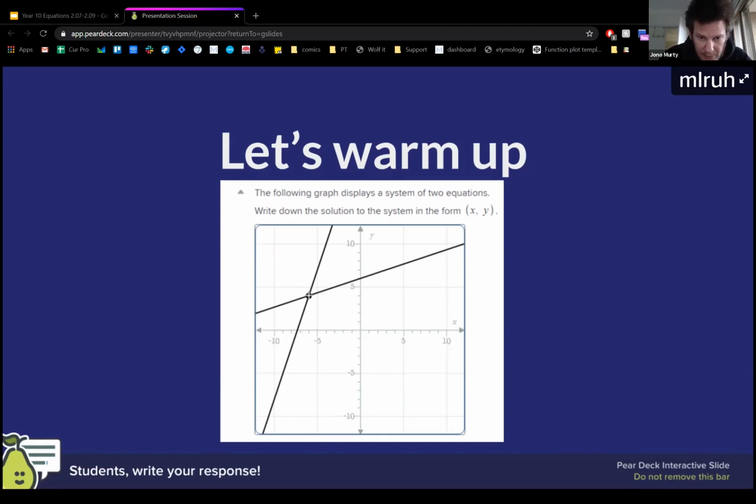So obviously, if we connect some lines, we can clearly see where it meets up. We have an x value here of x equals -6, and a y value here of y equals 4.